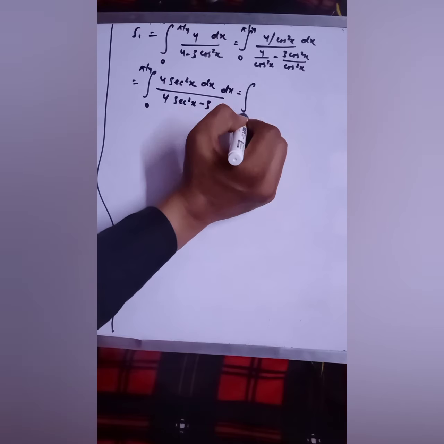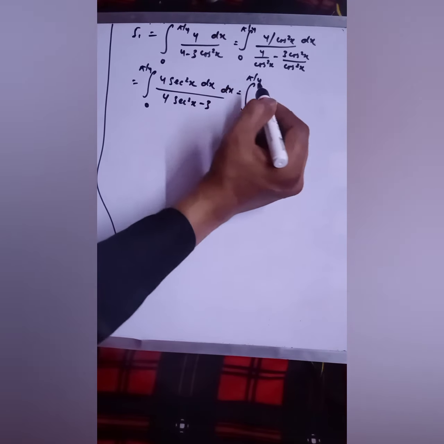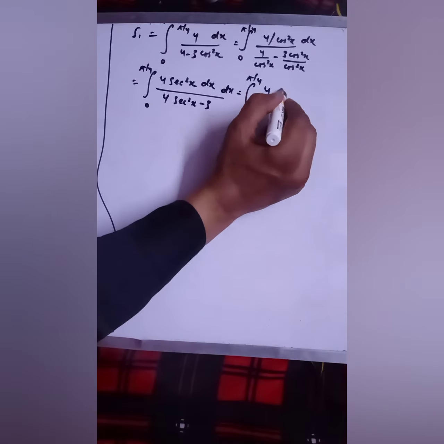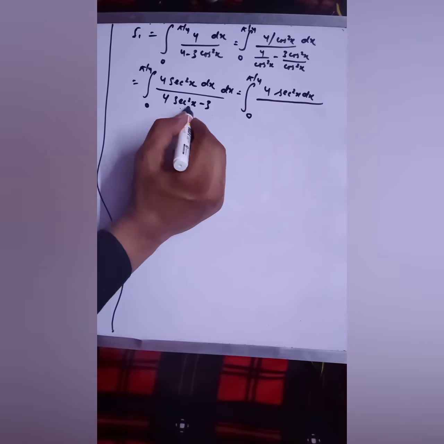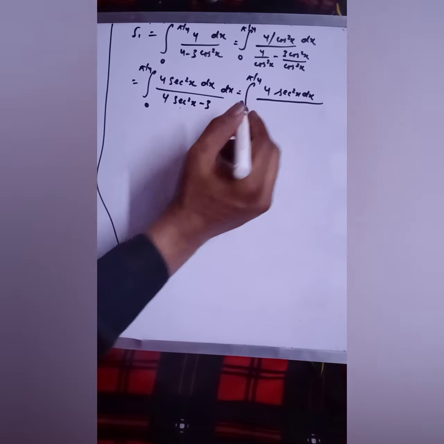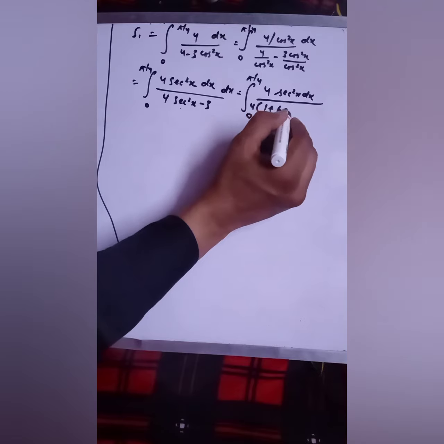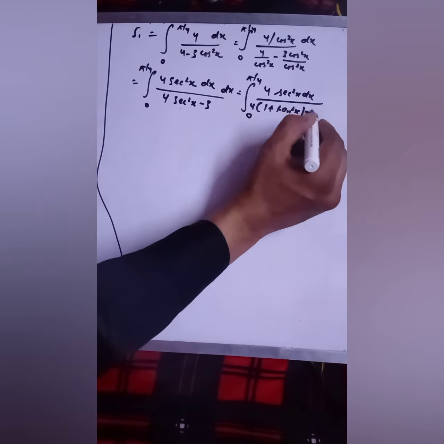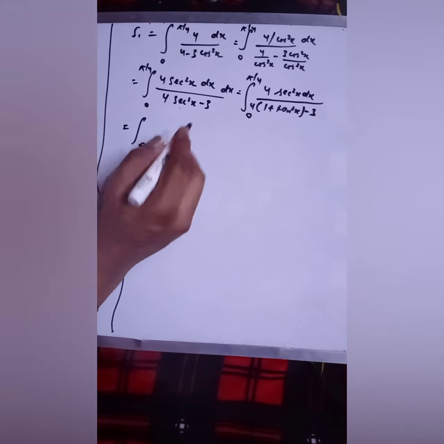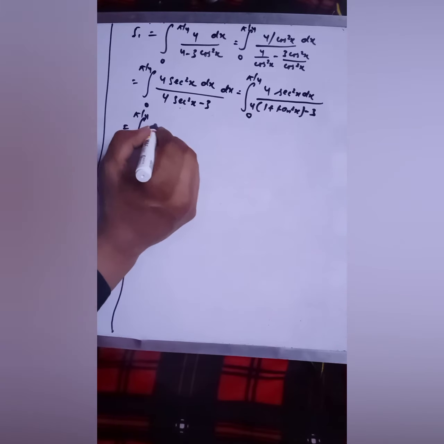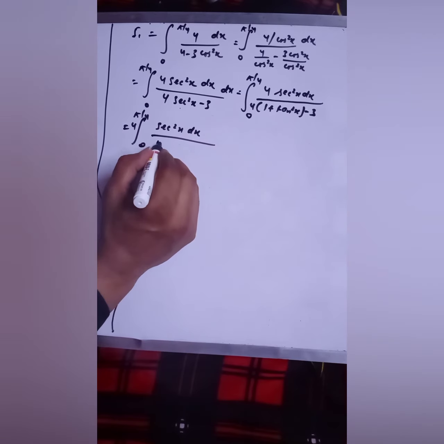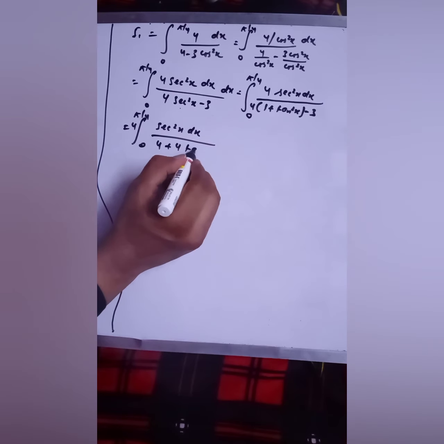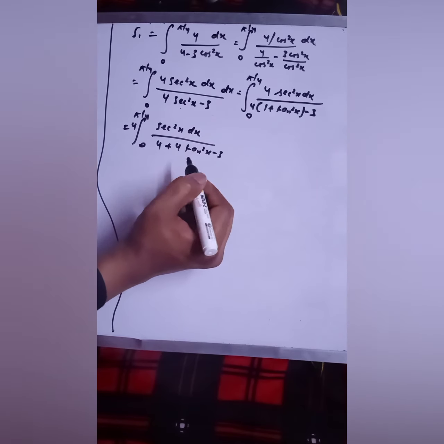Okay, in the next step, this 4 sec square x into dx will remain the same, and in place of this sec square you have to put 1 plus tan square. So 1 plus tan square x minus 3. So simplify it, 0 to pi by 4, 4 will come outside, that is sec square x into dx over, this would be 4 plus 4 tan square x minus 3.